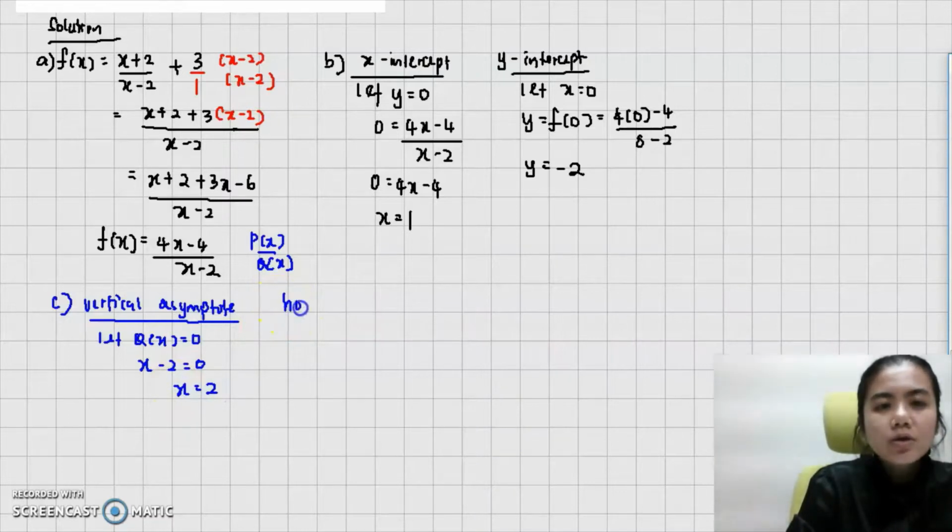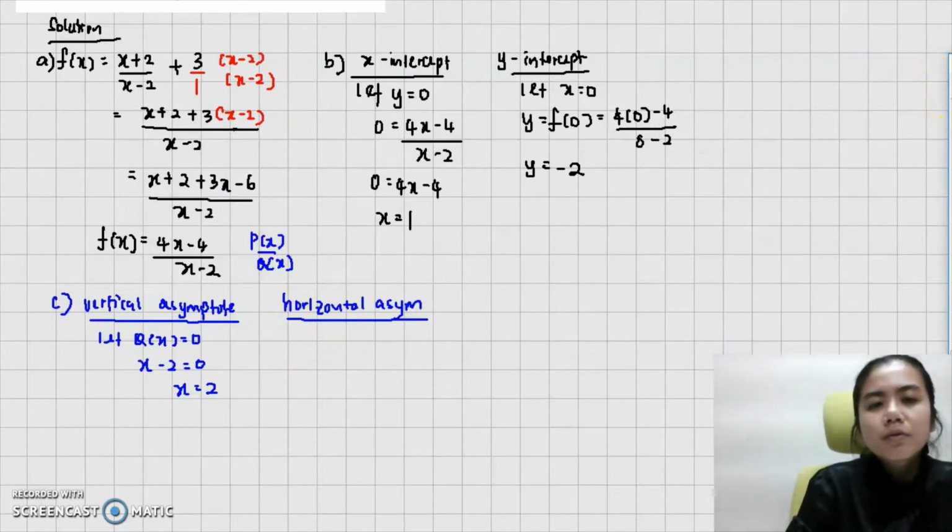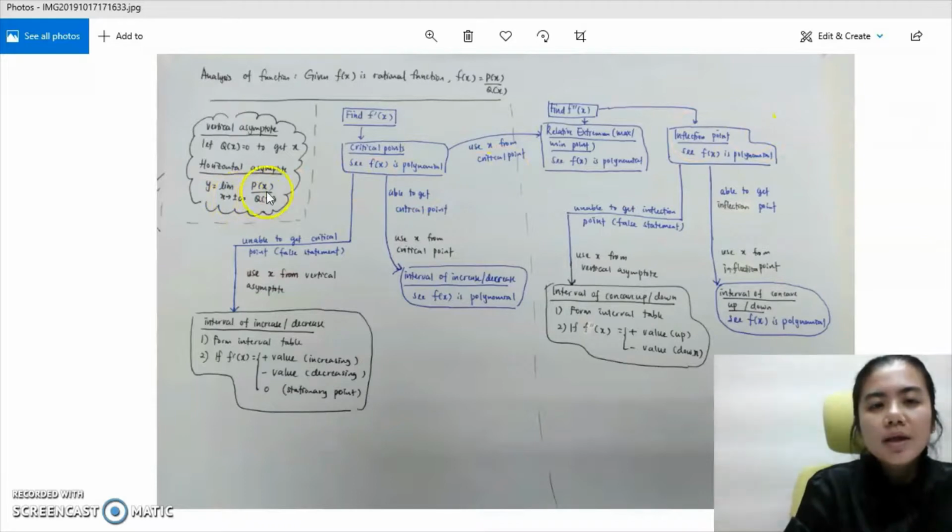And we are interested to know the horizontal asymptote. Again, let's go back to the flowchart. The flowchart says: let y equal to the rational function and put a limit in front of it.